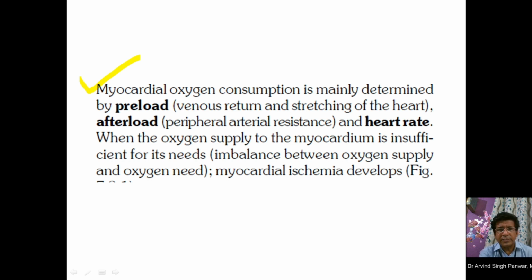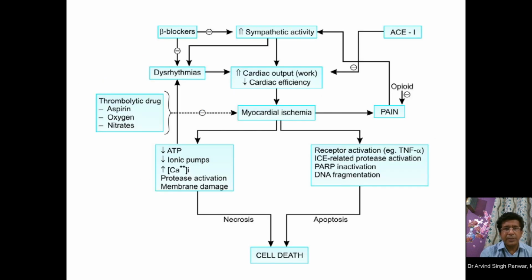When the oxygen supply to the myocardium is insufficient for its need, meaning an imbalance between oxygen supply and oxygen need, it ultimately leads to myocardial ischemia. That is being explained in this diagram. You see, there is an increase in the sympathetic activity, which leads to an increase in cardiac output and a decrease in cardiac efficiency, which ultimately leads to myocardial ischemia.